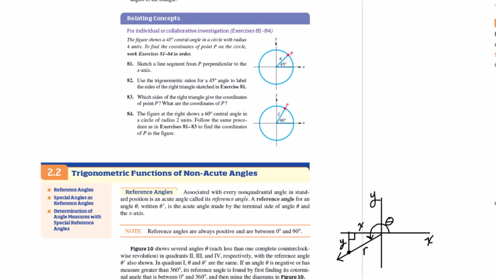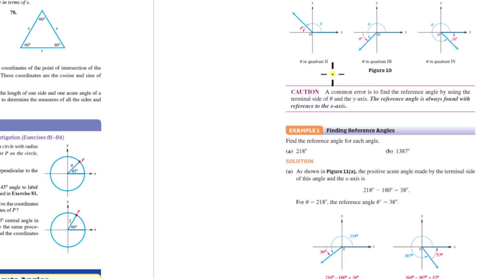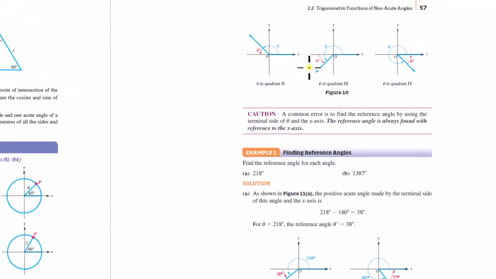Okay, if we take a look here, here are some different reference angles. You see it's the angle between the terminal side that defines the angle and the horizontal, and they always put it in the positive direction, counterclockwise. And it's always acute. It's between the terminal side and the horizontal. That's what they're cautioning here: never the vertical, it's always the horizontal.